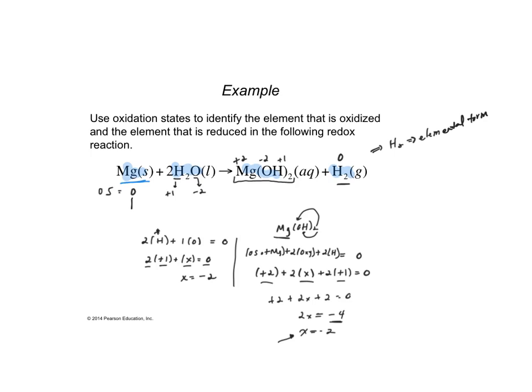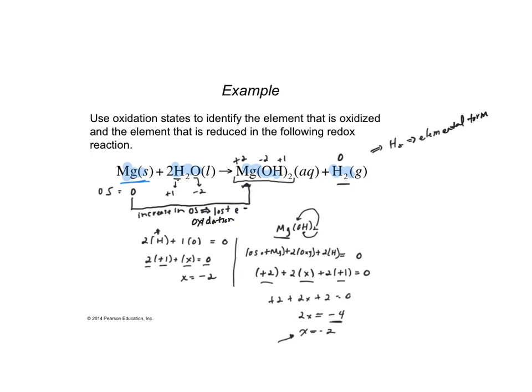We can see that magnesium goes from a 0 to a +2, so we have an increase in oxidation state. To go from a 0 to a +2, we have to have lost electrons. Increase in oxidation state, loss of electrons, so this is oxidation.